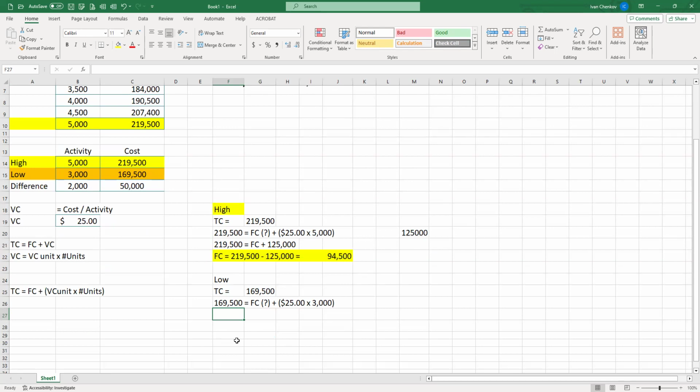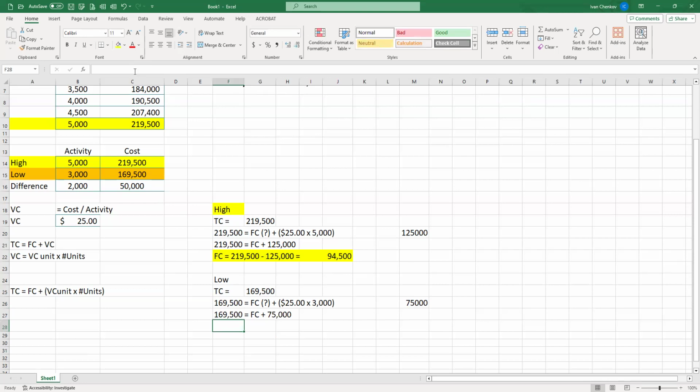At the low level, we're going to have 169,500. It should be the same, but let's double check. Fixed cost plus, in the brackets, we have 25 times 3,000. That will be 75,000.